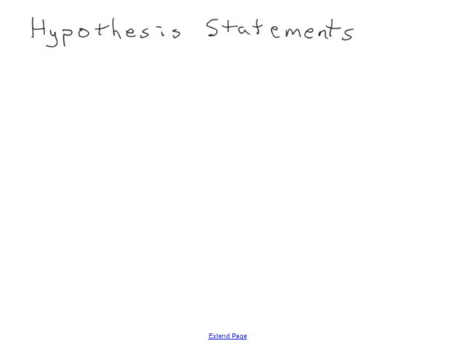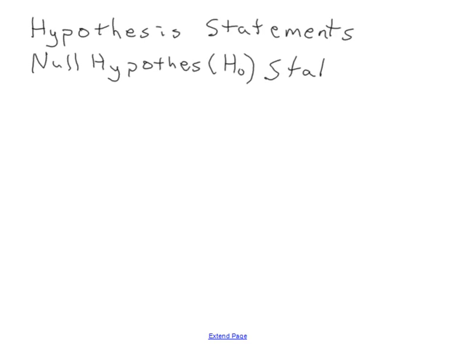First, what's called the null hypothesis. The null hypothesis has the symbol H sub O, and it states that there is no difference in the parameters.